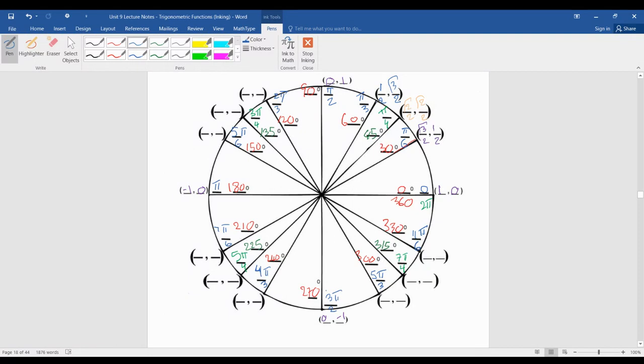So let's start with this point. Let me use a different color. This point here has x coordinate root 3 over 2 and y coordinate 1/2. Well, this point, if I draw a straight line, realize that it is on the same horizontal line as this point over here. So the y coordinate must be the same.